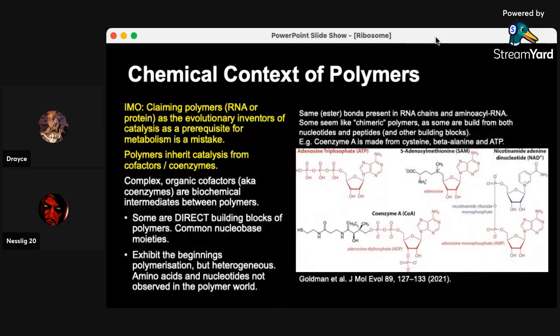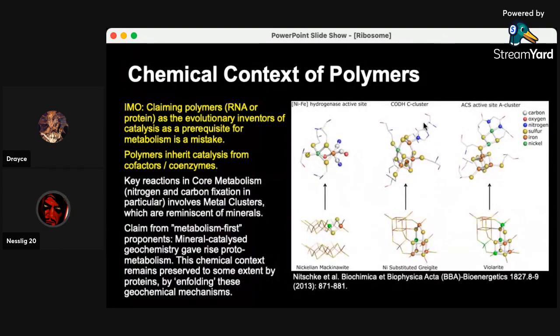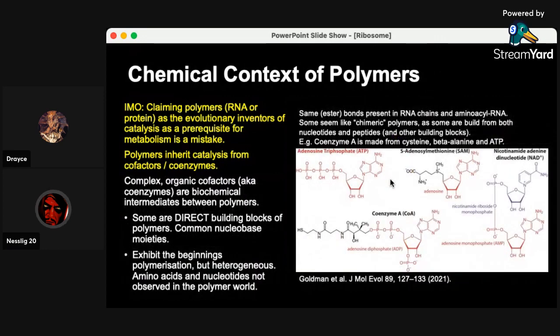All right. But of course, metal clusters are not the only cofactors present in proteins. You have also the organic cofactors, also called coenzymes. An interesting thing about them is they are somewhat like biochemical intermediates between the small metabolites of core metabolism and the larger polymers.